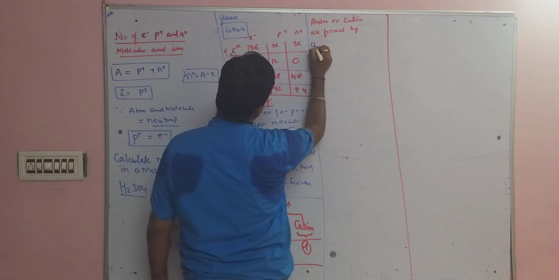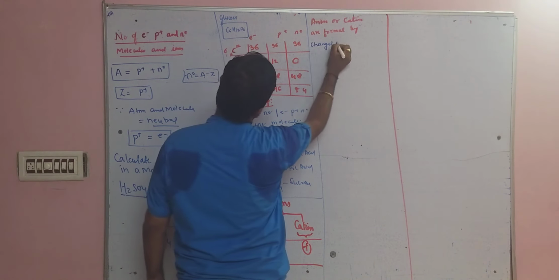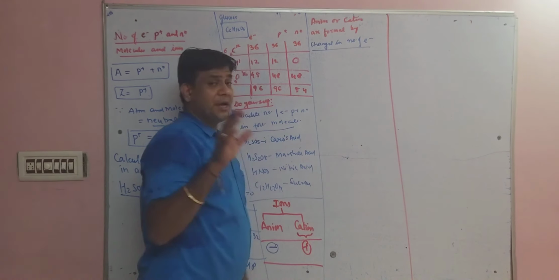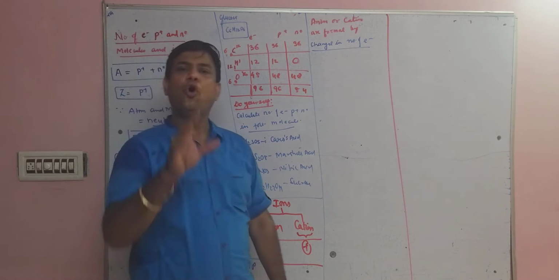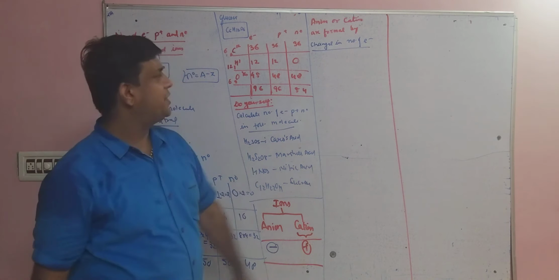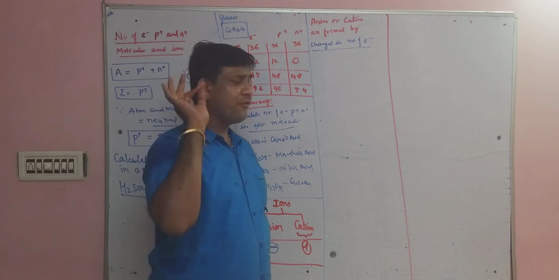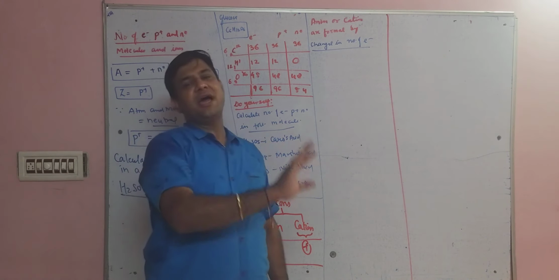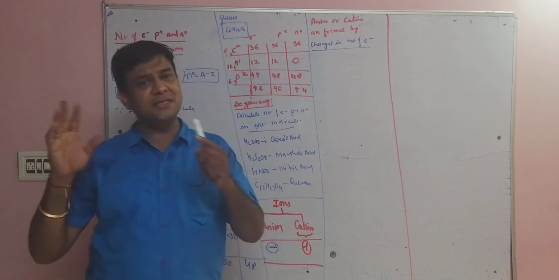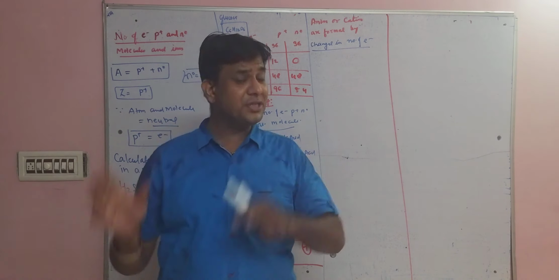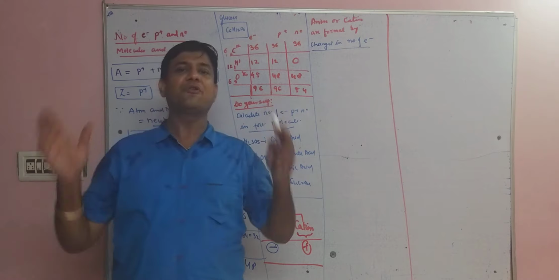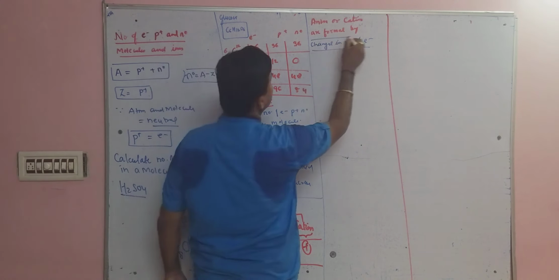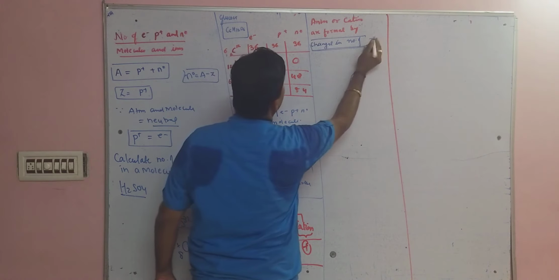Means either anion has been given or cation has been given. Remember this point, the number of electrons is changed, never proton, neither neutron. Whether it is an atom, anion or cation, the number of protons and neutrons always remains constant. Only the number of electrons changes.